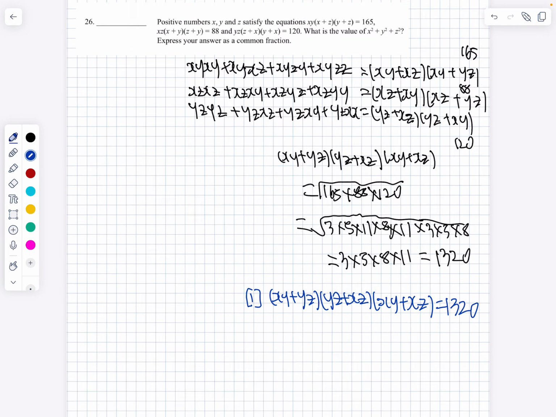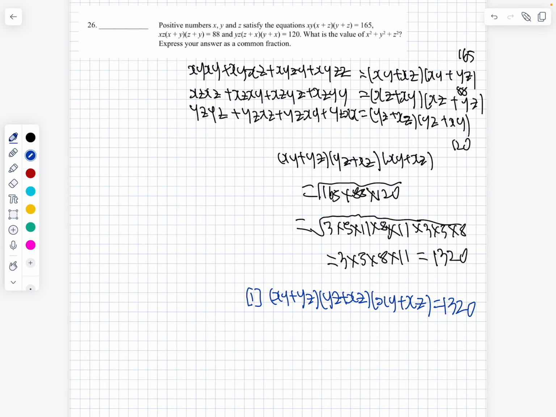Let's say this is 1. If we divide 1 into the first equation, the only remaining value would be xz plus yz, which equals 8. And then if we divide 1 into the second equation, the only remaining value will be xy plus yz, which equals 15.